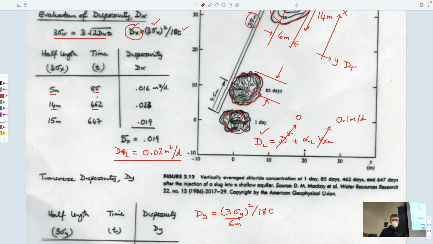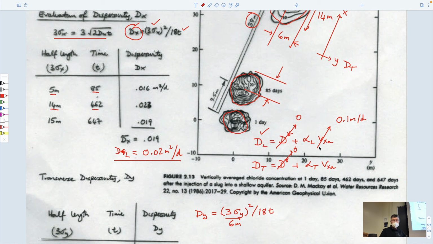And so we could calculate the value of this parameter, which should describe our system, the aquifer system. And the reason for writing this out is that if we want to calculate the transverse dispersion, this would equal, again, the Fickian component, which again would be essentially 0, plus the transverse dispersivity times the velocity in the x direction, right?